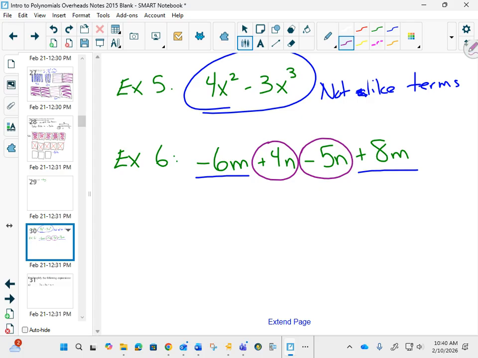Let's start with the m's. Minus 6m plus 8m's. Think of your number line. Where would you be? Perfect. I'm going to ask you a question, and once you realize this, it could help you a lot in your mental math with integers.